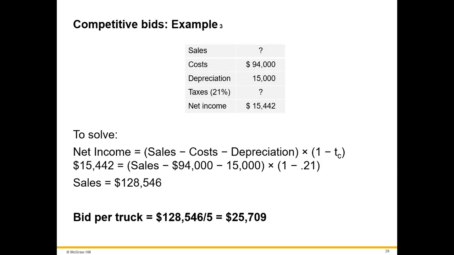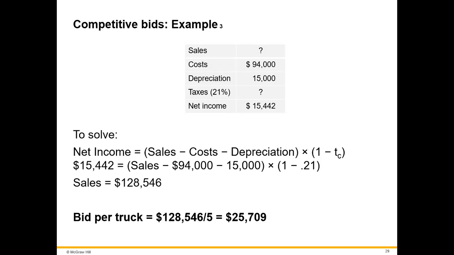Sales minus costs minus depreciation times 1 minus the tax rate equals $15,442. So 1 minus 21%, 79% of those three items is how much net income would be. So sales minus 94 minus 15 times 1 minus 0.21, then solve for sales. So your sales need to be at 128,546 each year.